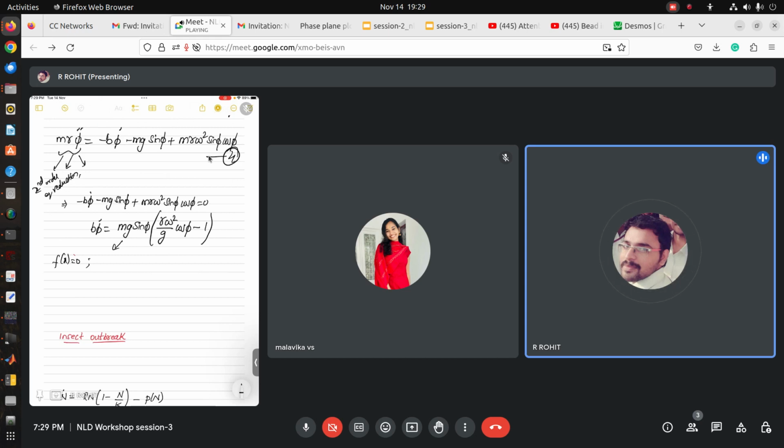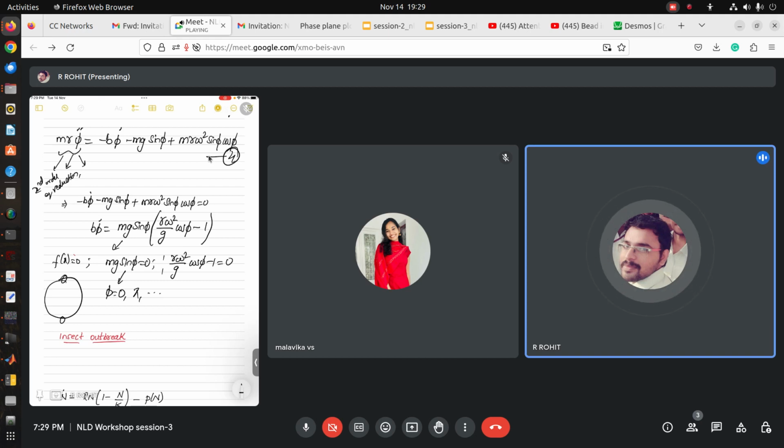So in this case you will have two things, either mg sine phi is equal to 0 or r omega square by g cos phi minus 1 equal to 0. If you observe the solutions, sine 0, pi are all solutions to this kind of system. So when you consider the hoop, the bottom part and the top part both have fixed points for the system.